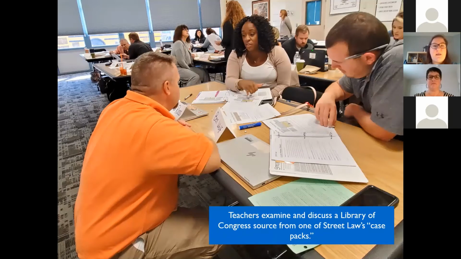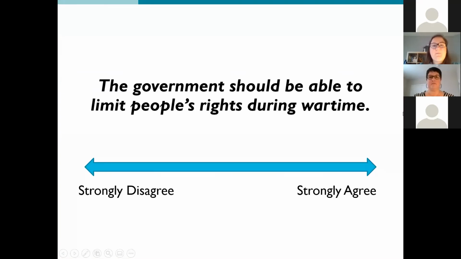Then eventually they got up and found someone with a different source, shared the other sources, and talked a little more about what they found. You could then wrap it all up by coming back to the essential question, having students incorporate what they've learned about the case and from the sources to come back to this continuum again.